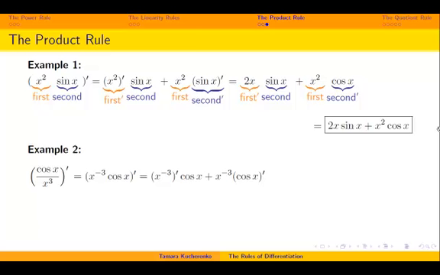Let's take derivatives. By the power rule, the derivative of x to the negative 3 is negative 3x to the negative 4. And we multiply it by cosine x plus x to the negative 3 times the derivative of cosine x, which is negative sine x.